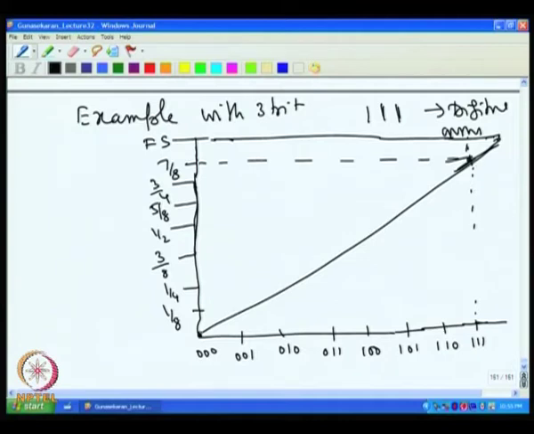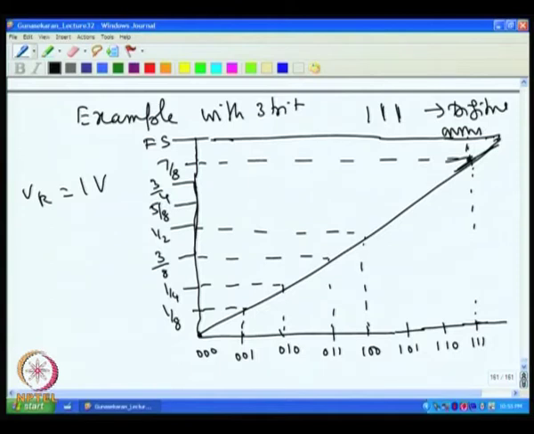This is the ideal output. For example, for 0 0 0 you are supposed to get 0 volt, and for 0 1 1 it is supposed to be here. 1 by 4th would come for this, and then 3 by 8 would have been this. For 4 by 8 volt, this would have been here. V reference is taken as 1 volt.